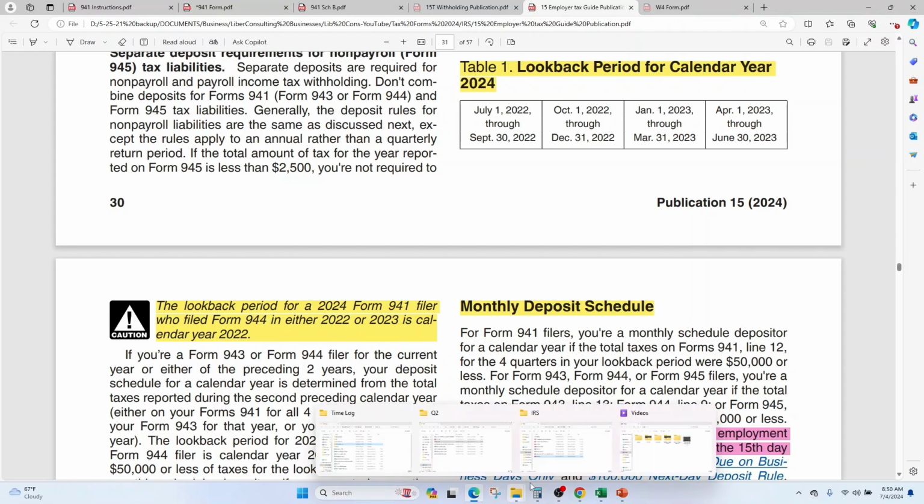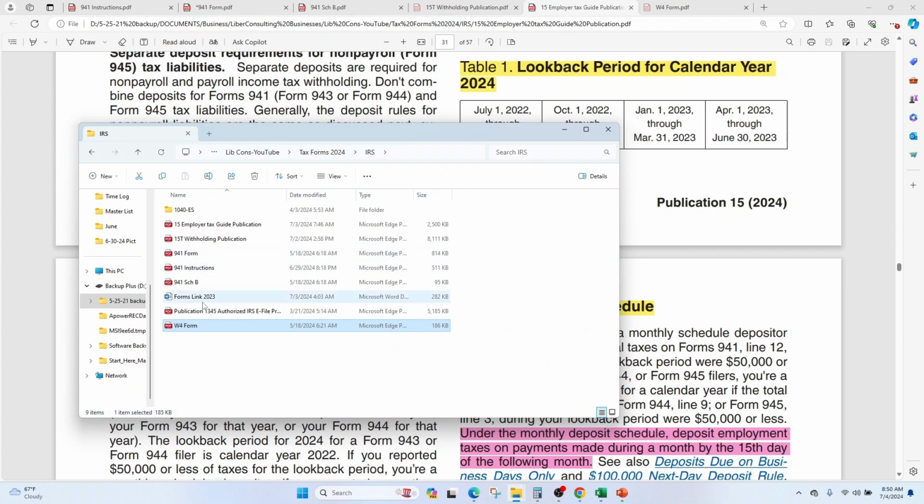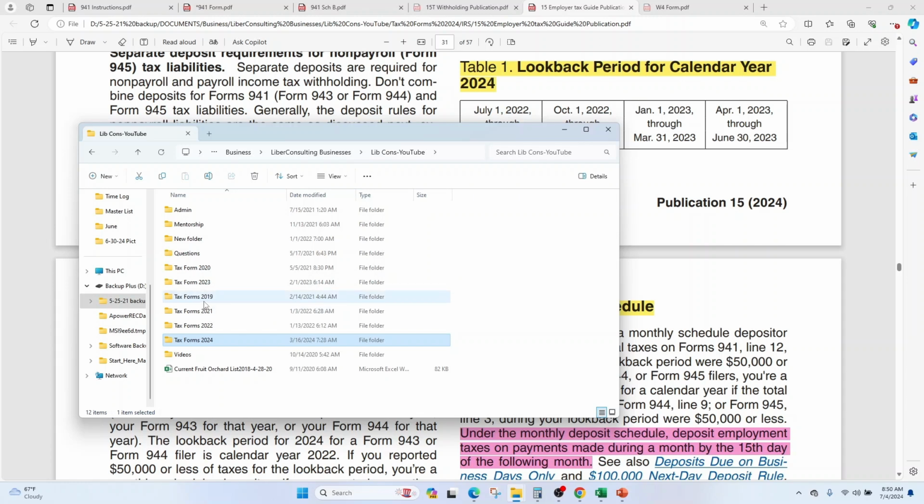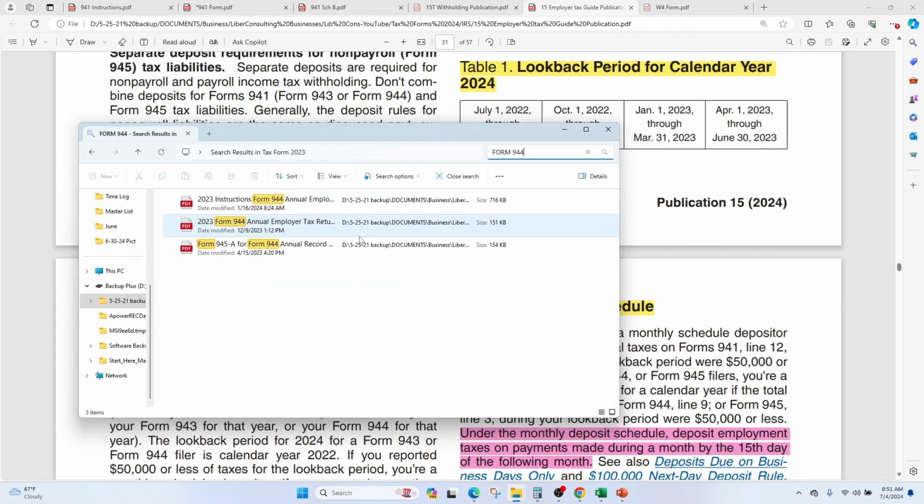Let's see if you can find an example of Form 944. We can just pull 2023. Okay, that'll be this one.